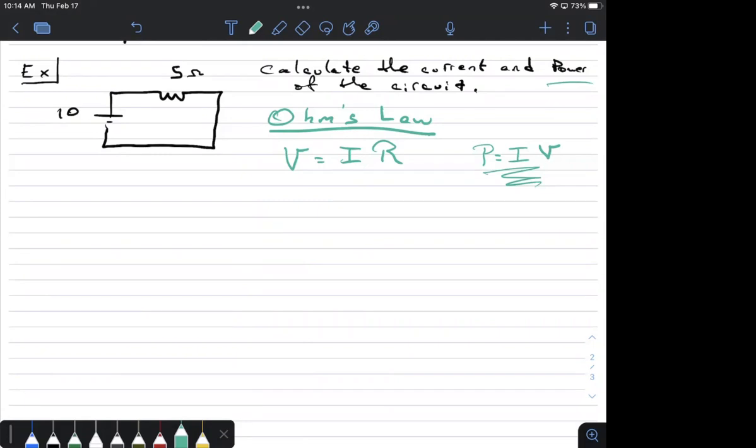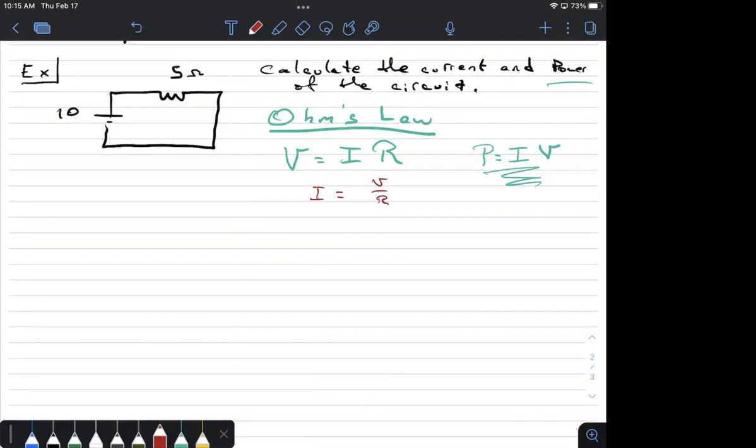And so what people do is they combine the power law with Ohm's law to create new equations. So for instance, let's say I take Ohm's law and solve it for I. I divide over the R to get I by itself. I becomes V over R. So that's just another way of writing Ohm's law. Here I've solved for current instead of voltage. It's still Ohm's law though.